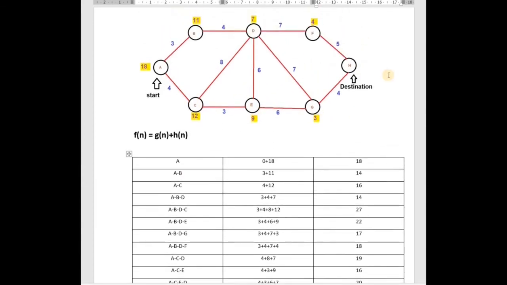So using this A star algorithm, we can find the shortest path from the start node to the destination node. I hope you understood how the A star algorithm is used to find the shortest path from one point to another point.